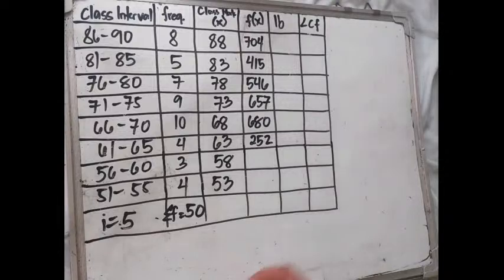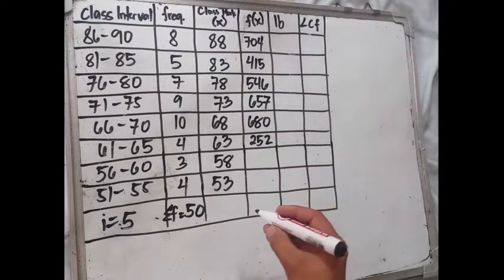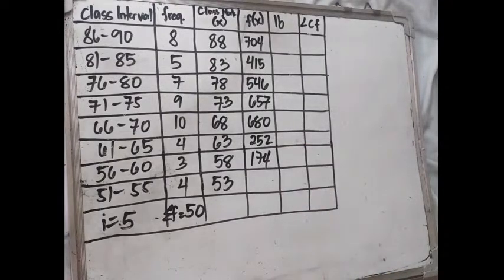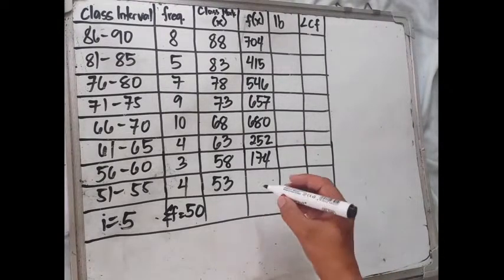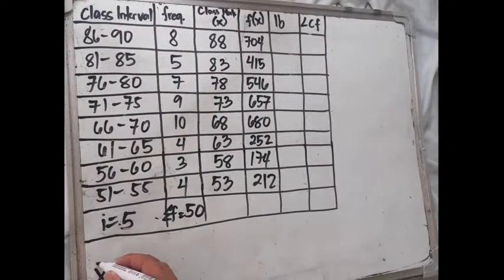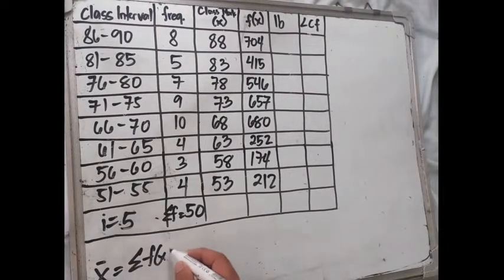Next, 3 times 58, that is equivalent to 174. Then 4 times 53, that is 212.